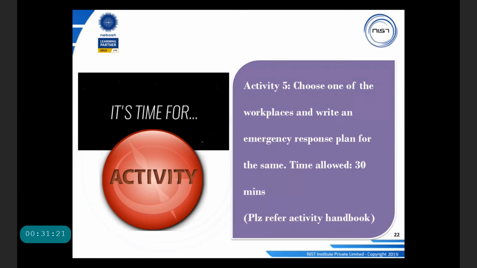Okay, so you can choose any one of these 4 workplaces and write the emergency response plan. Okay, what should the emergency response plan include as details? You can see at the bottom of the same page, type of emergencies that the university will face or the warehouse will face, that kind. Type of emergencies, the equipment required, roles and responsibilities, training that you'll give, and mock drills. Okay, so write as detailed as possible. So that's your homework.